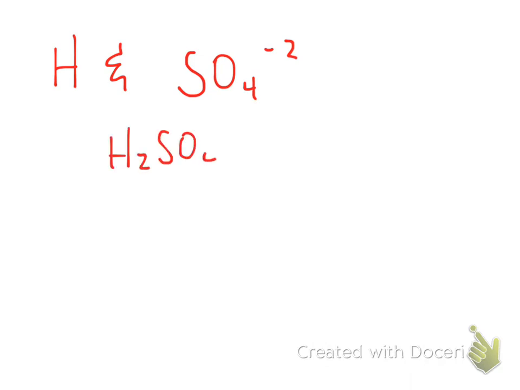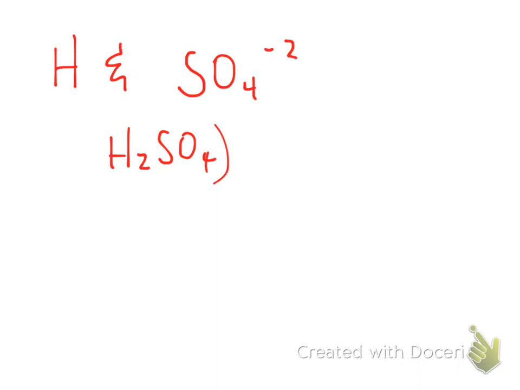If I wanted to look at hydrogen and sulfate, you need to look through your cards and tell me what sulfate is. Or maybe if we start memorizing these, it would make it a little easier. Sulfate is SO4 -2. So if I'm going to combine these and make an acid, how many hydrogens do I need? 2. H2SO4.